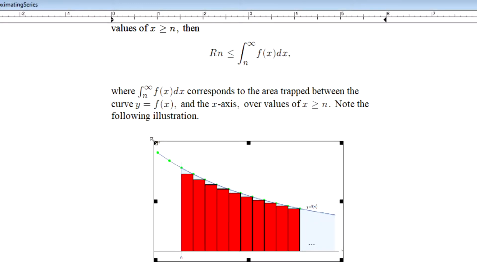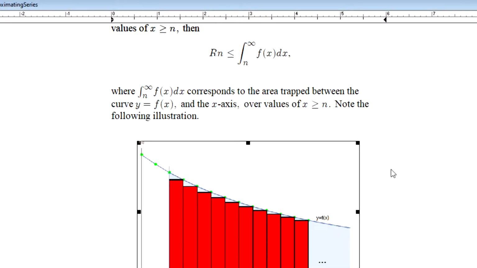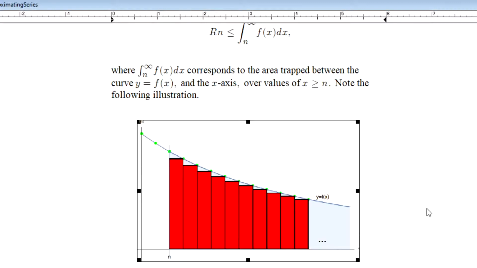Let's see here if I can blow this up a little bit so we can get this into view here, right? But again, I'll explain. We're going to try to approximate the area found in all these infinite red bars, starting at the value of the n plus 1 term, which falls right after the nth term, and continues up towards infinity.